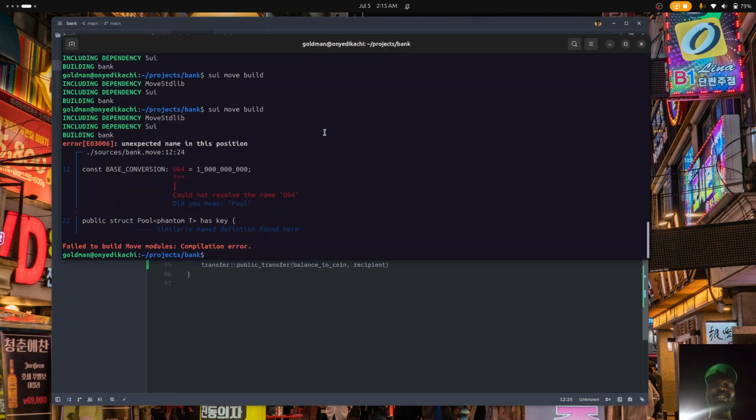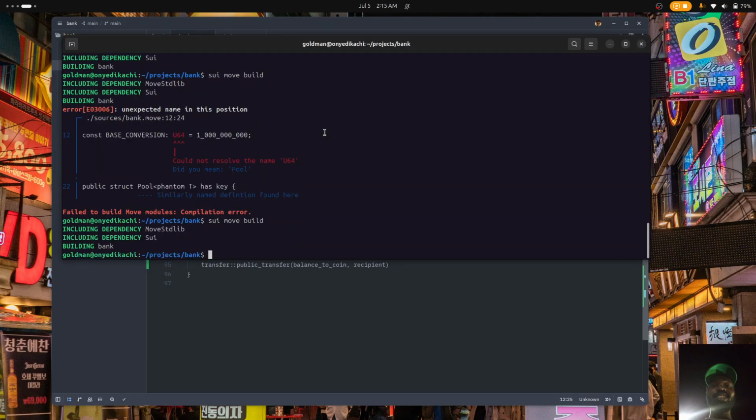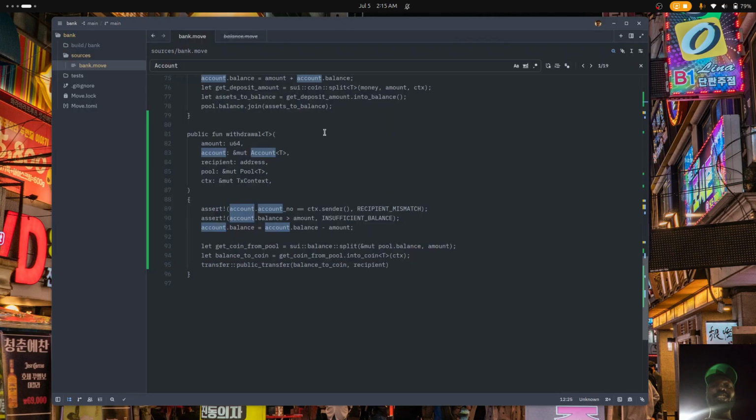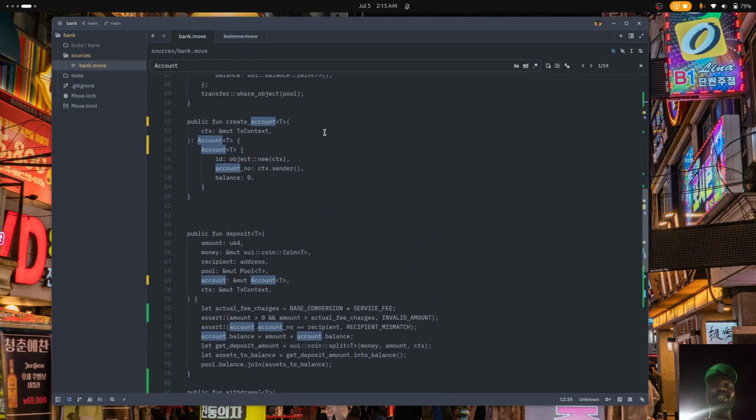So there must be some set of users that should be able to apply for these loans, right? So there are some things we need to check: the ability to pay back. So, but then apply for loan simply means collecting.